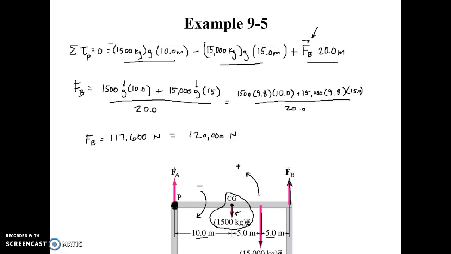So looks like I have in my notes 118. I'm not sure why I would have taken that to 3 significant figures when we've clearly got these 5.0 meter distances. So yeah, I'm thinking this should just be 2 significant figures. 120,000 newtons is the reaction force here at Fb.